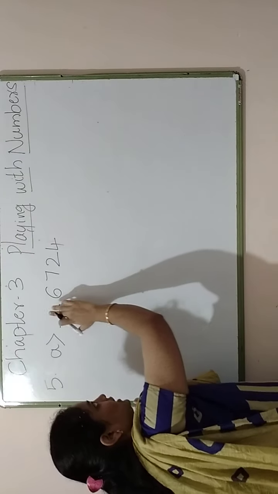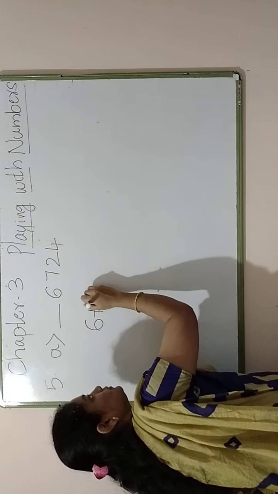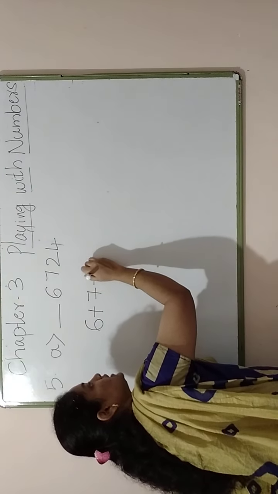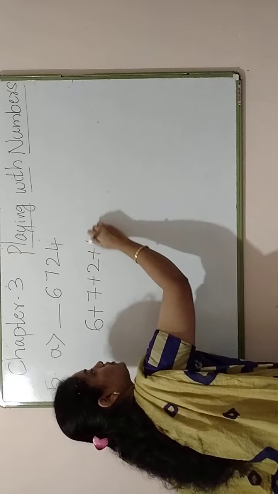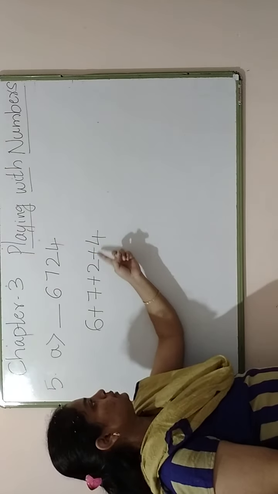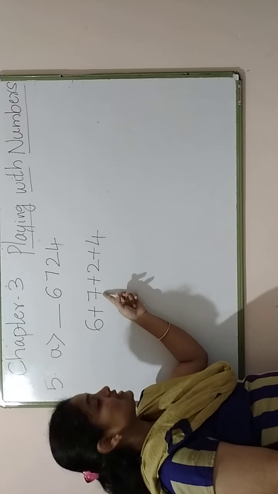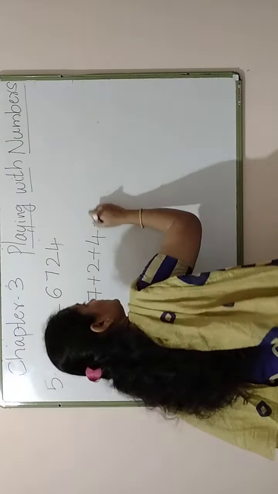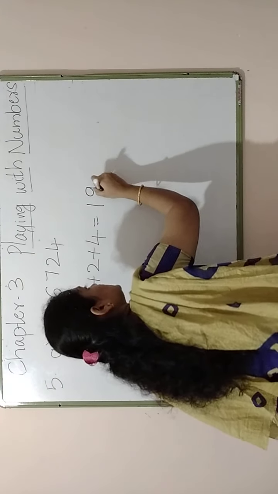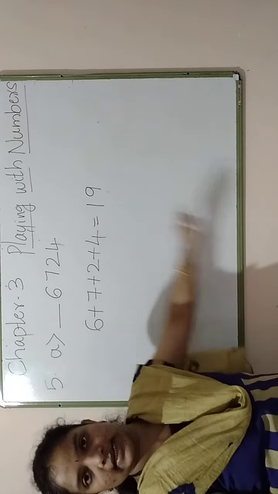Leave the first one and add all these numbers: 6 plus 7 plus 2 plus 4. 4 plus 2 is 6, 6 plus 6 is 12, 12 plus 7 is 19. So the sum of these 4 digits is 19.